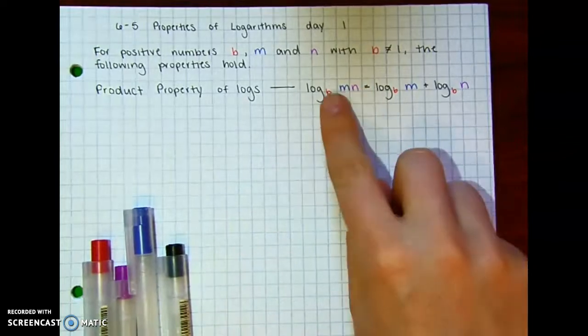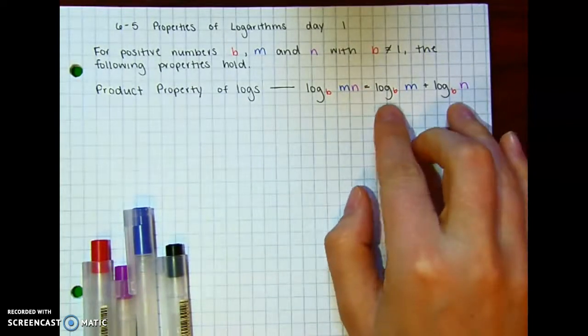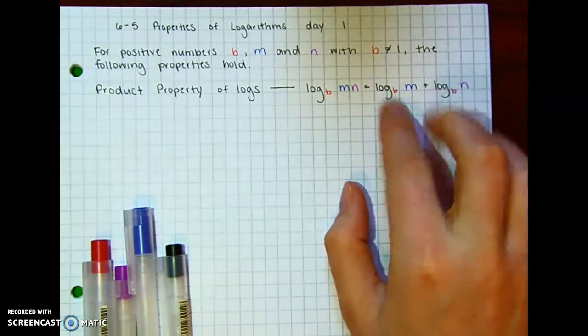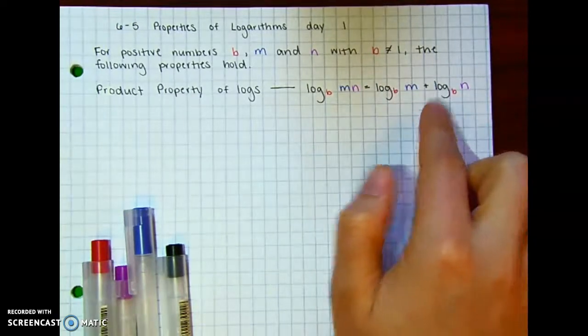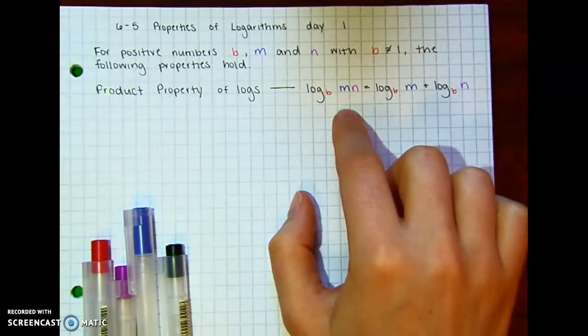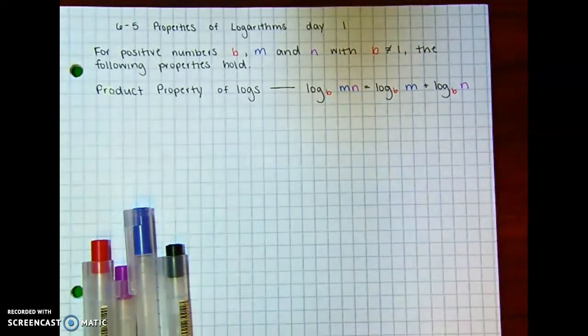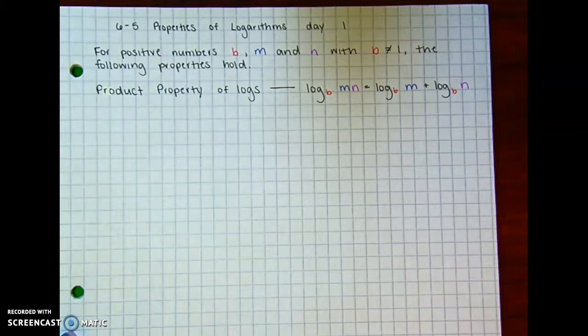Notice, right, so it was log base b. When we break it up, these both have to have the same base. So if you're given something like this, you could expand it, and if you're given something expanded, you could rewrite it as a single log. So that's the product property.